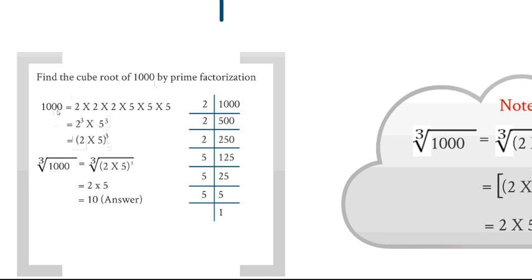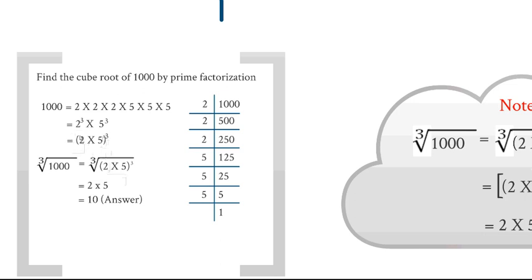So we have to write a cube root over 1000 on the left-hand side of the equation. And when we write a cube root on the left-hand side, we also have to write that cube root on the right-hand side of the equation, which is (2 times 5) cubed.